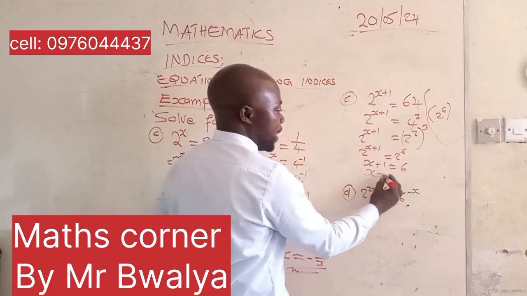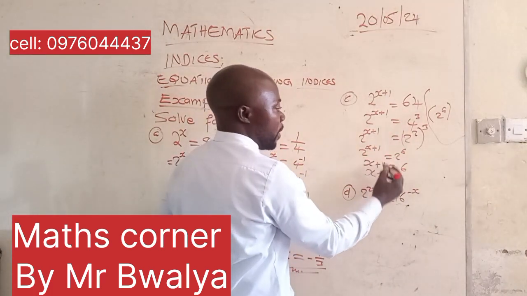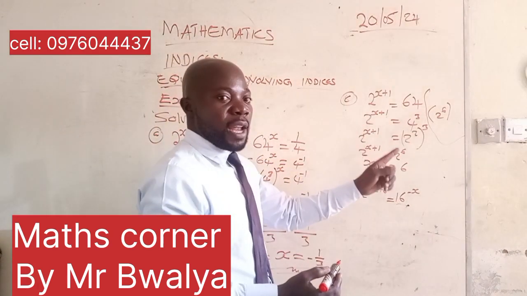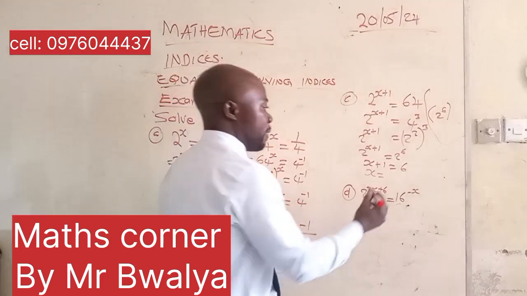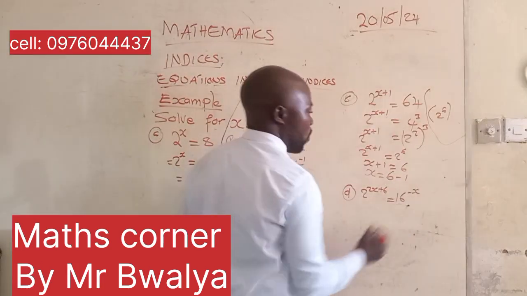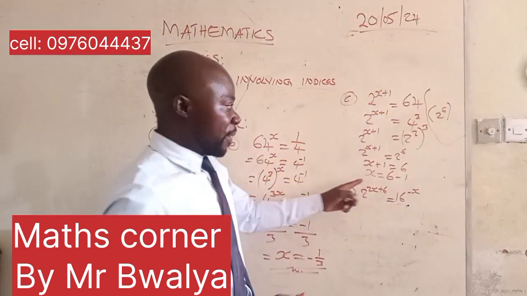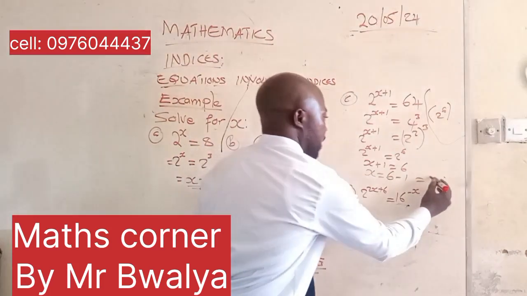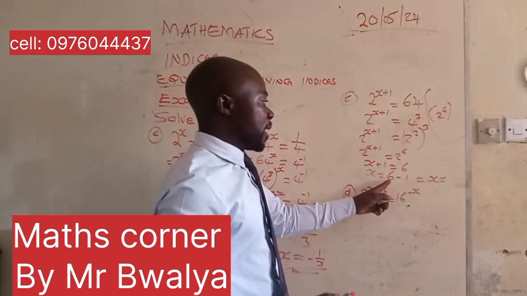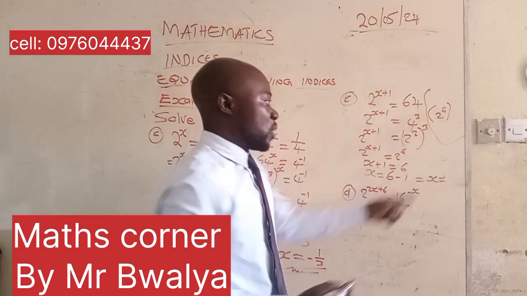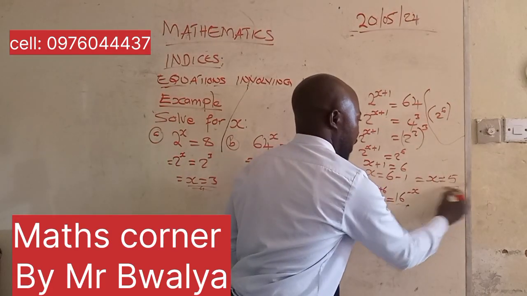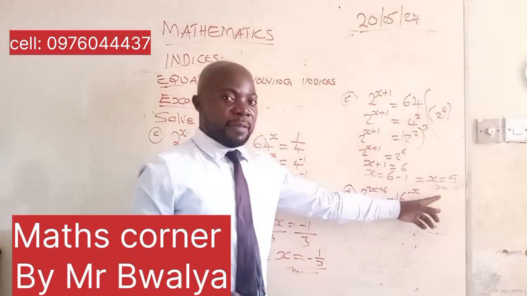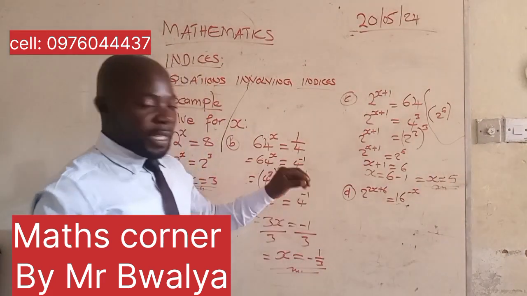So x is equal to, when we do the additive inverse, you subtract 1 on both sides, 6 minus 1, which gives us 5. You are done. x is equal to 5. Are we together? Very simple.